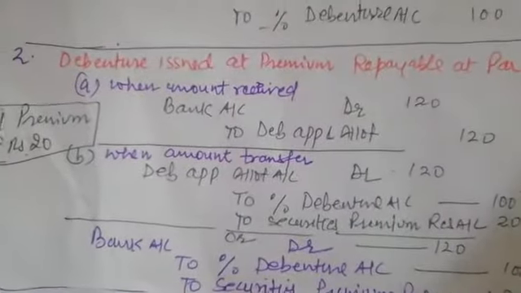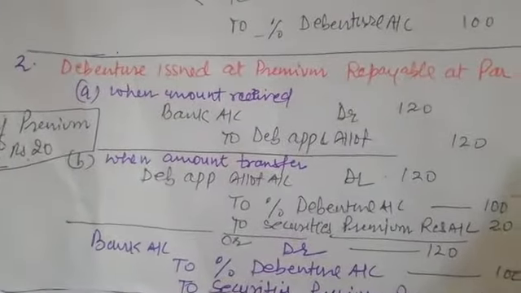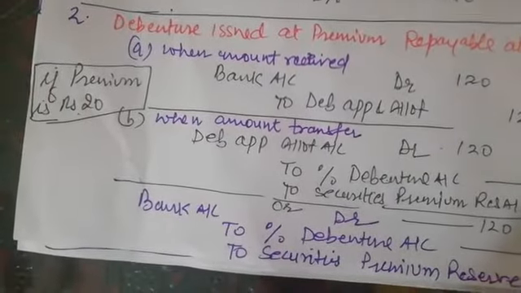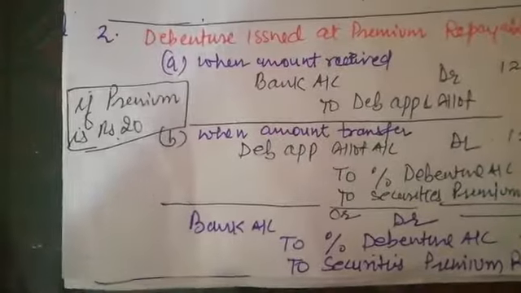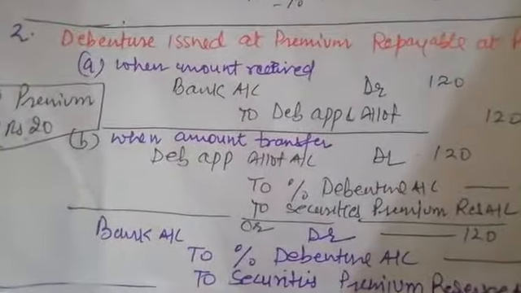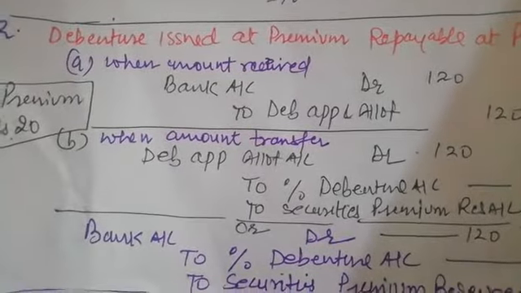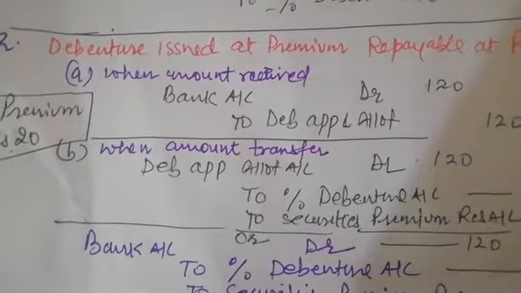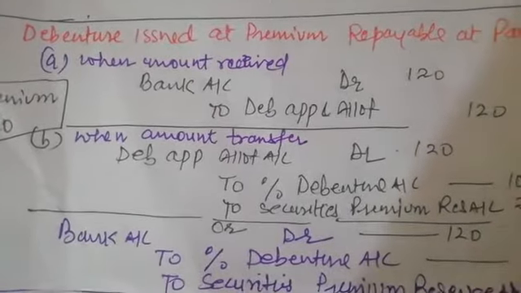The second condition is debenture issued at premium, repayable at par. Assume the premium is 20 percent, or 20 rupees on 100, the face value of debenture. Bank Account debit to Debenture Application and Allotment, the total amount received 120 along with premium.